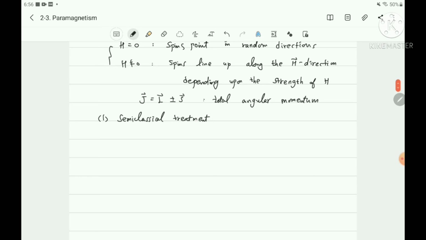Here, let's consider magnetic moments lying at an angle by applying a magnetic field. This is the magnetic field direction, and the spin lines up, but we already know that spin precesses when a magnetic field is applied. Let's consider there is an angle theta with the applied magnetic field. This is the magnetic moment direction.